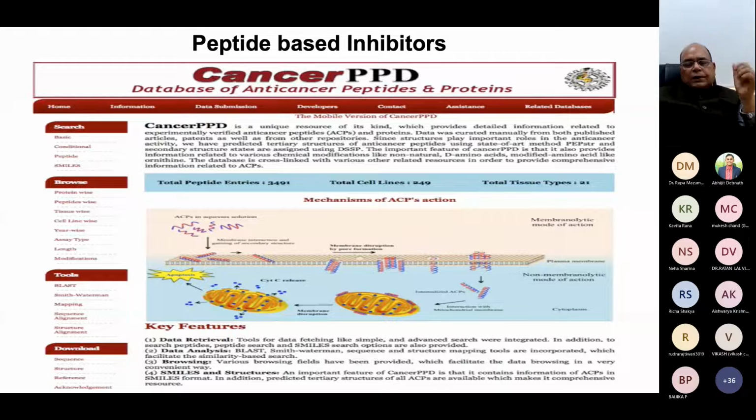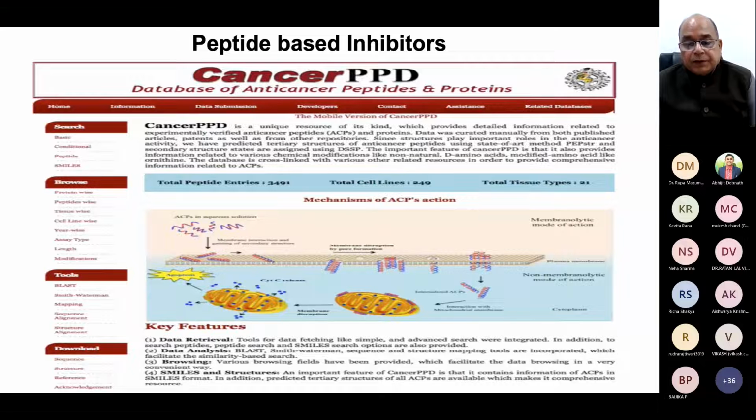Let's say, what are the natural molecules in your living organism? You have RNA, you have DNA, you have protein, and protein or peptides are heavily used in your living organism. Can we use protein or peptide as a therapeutic? That's a challenge. So what we propose here is how to predict anti-cancer peptides.